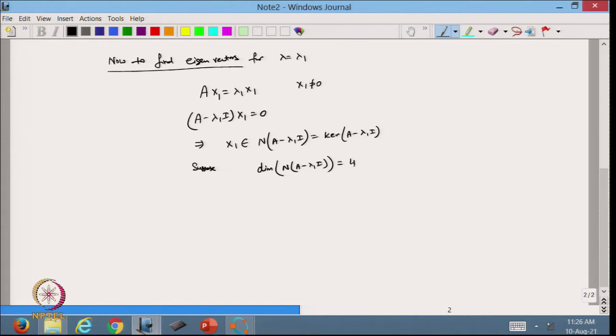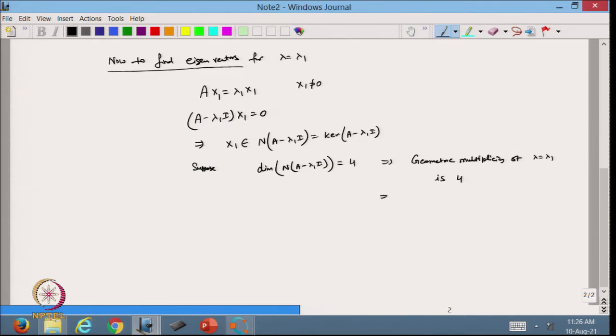Then I say that the geometric multiplicity of lambda equal to lambda 1 is 4.